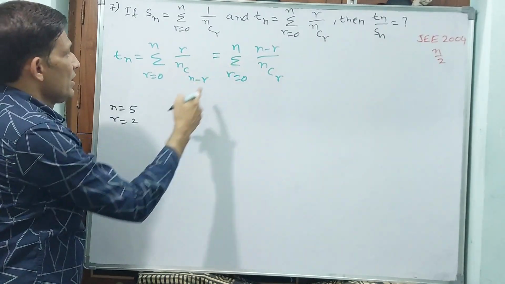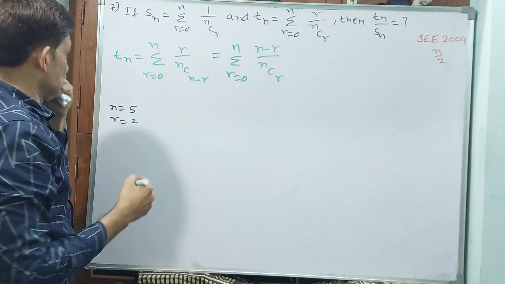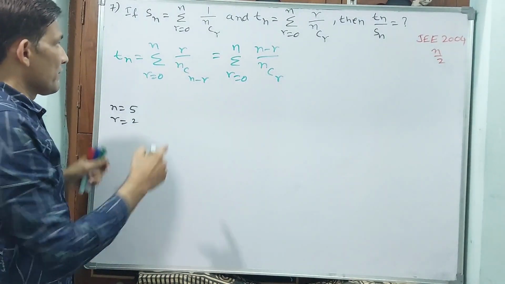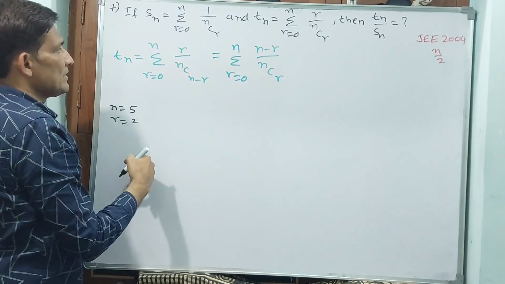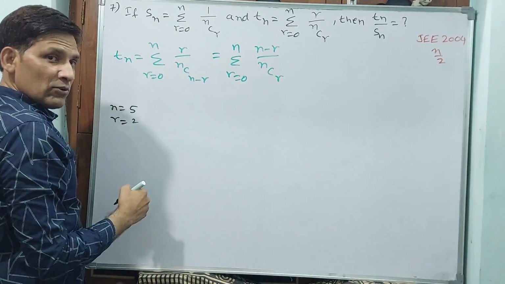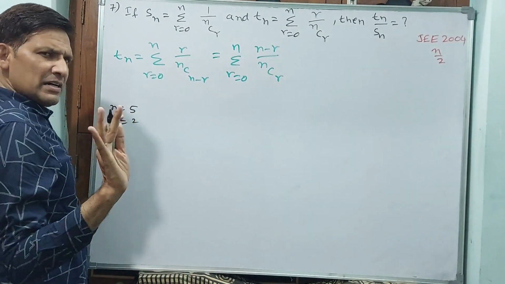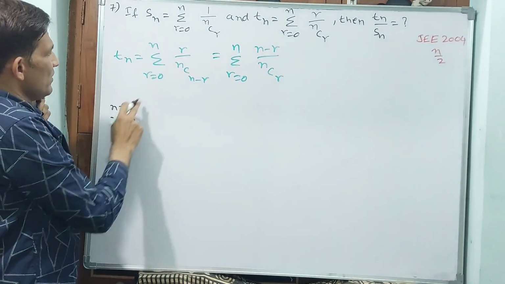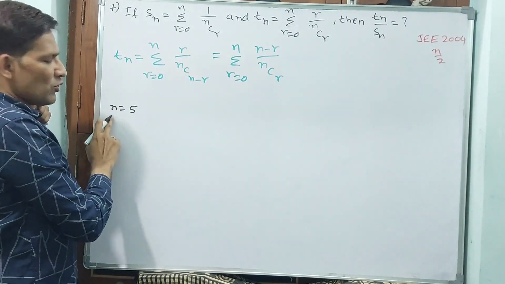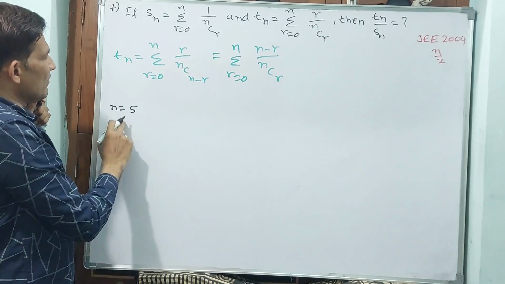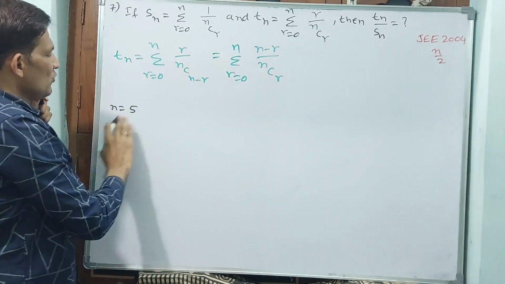You see, if you don't take this n minus r and you take r only and do it, just imagine. Because r you need not take. Why? Because r from 0 to n it is going, you have to take only n.